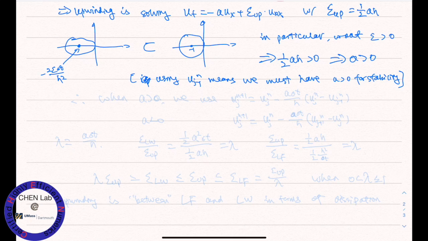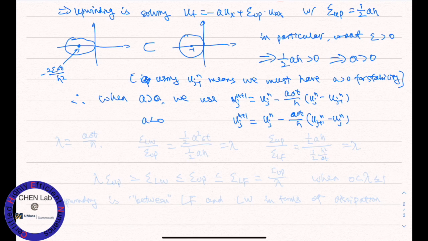When using u_{j+1}, it means a is less than 0, right? This also concludes that when a is larger than 0, we use u_j^{n+1} is equal to u_j^n minus a delta t over h (u_j^n minus u_{j-1}^n). When a is less than 0, we use (u_{j+1}^n minus u_j^n) times a delta t over h.